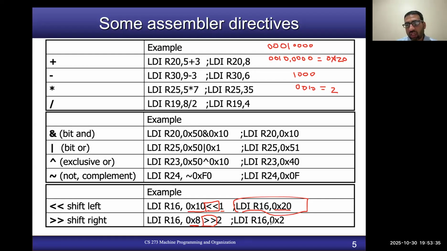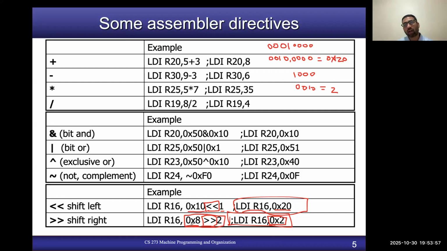So the assembler will first compute that expression, replace it with the result of the computation, 0x2, and then your microcontroller will actually execute this instruction, load immediate R16, 0x2. Your microcontroller is not going to perform this shift right operation.